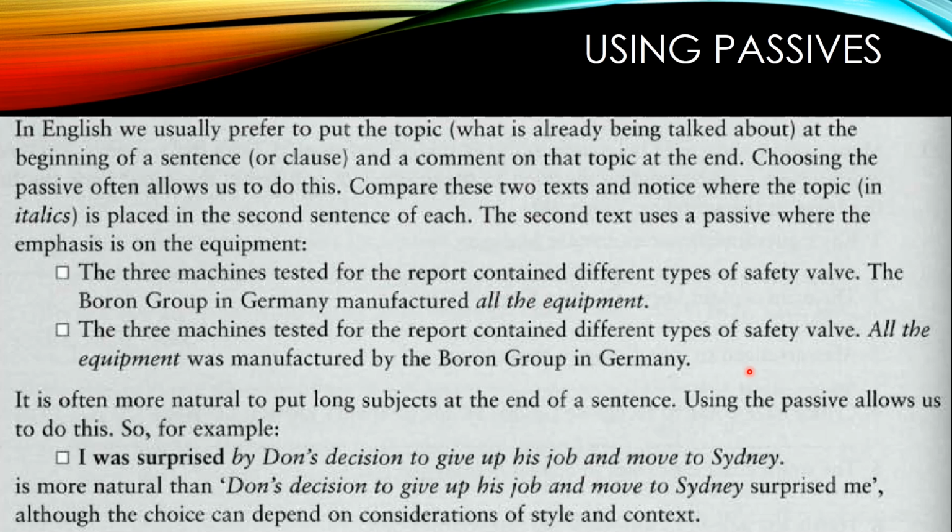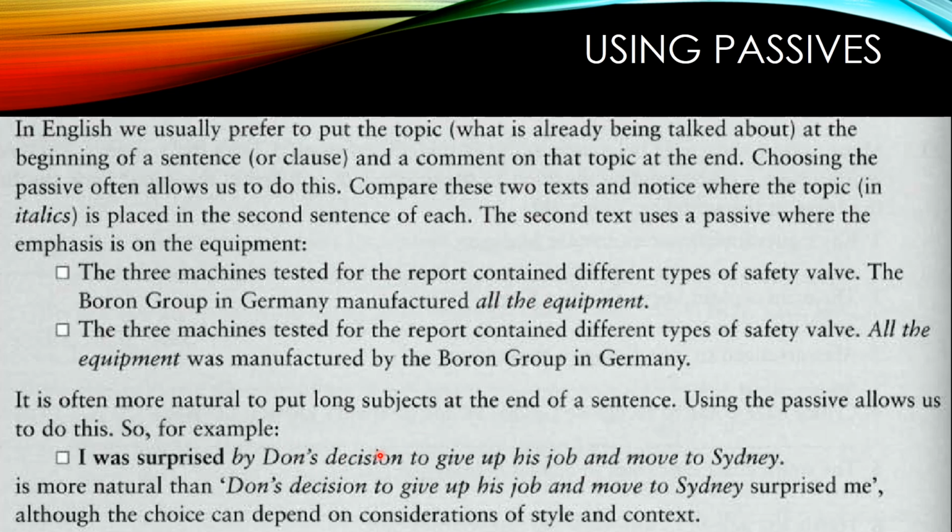Moreover, sometimes we have a long subject, by which we mean a lot of words which serve as the subject, like John's decision to give up his job and move to Sydney. This all is a subject because the whole thing is John's decision.